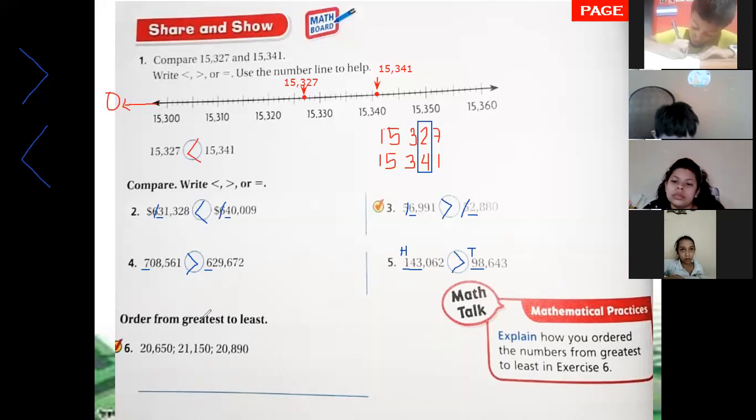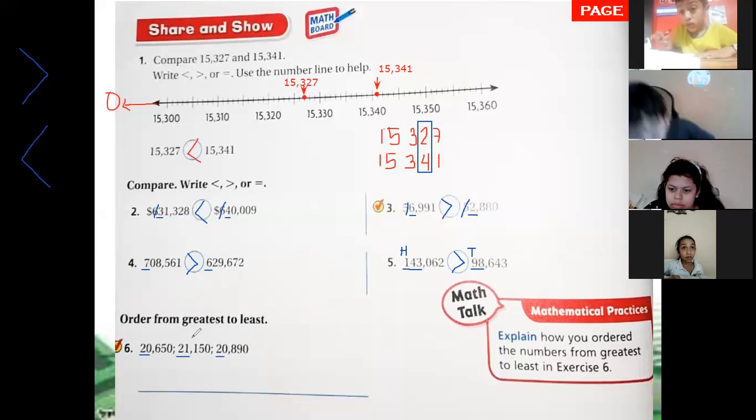Next one, order from greatest to least. We have 20,000, 21,000, and 20,000. So our instruction says order from greatest. What is the greatest number? 21. 21, exactly.